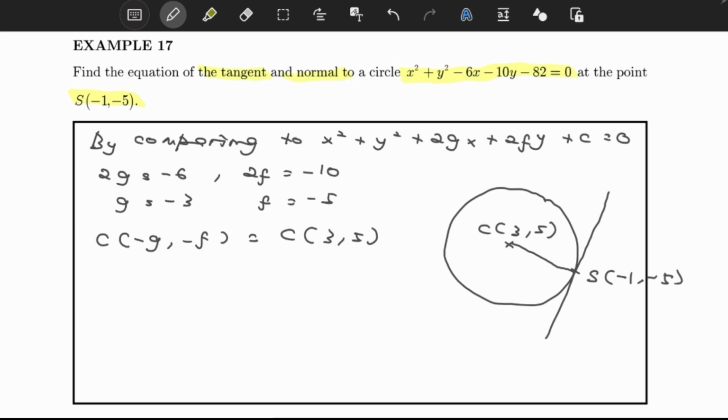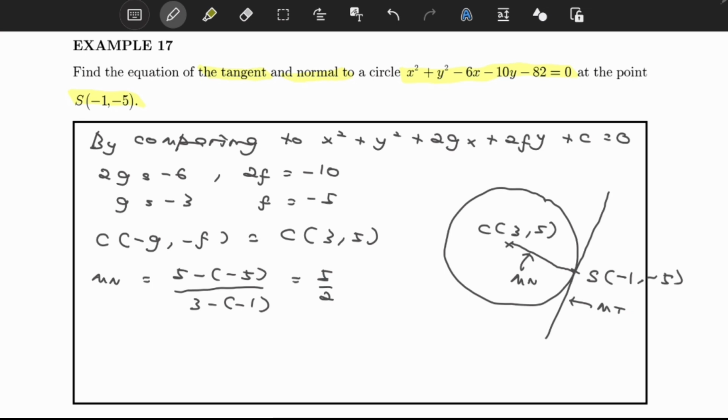So our plan is to get the gradient of normal, and this one is our tangent, meaning this is the gradient of tangent. I don't think we have a problem finding mn, the gradient for normal. So mn equals y2 minus y1 over x2 minus x1. So we get 5 over 2.